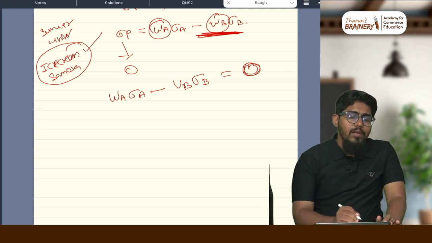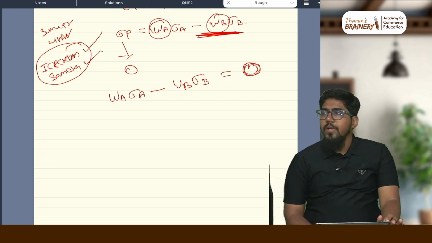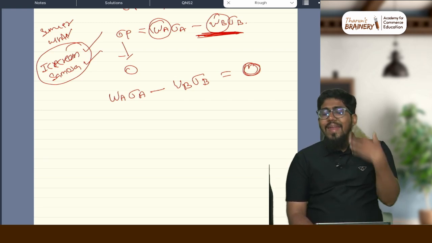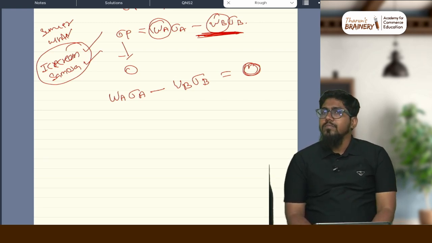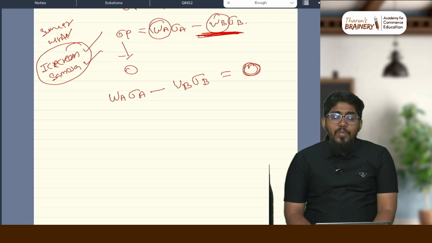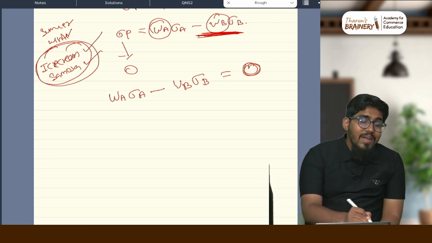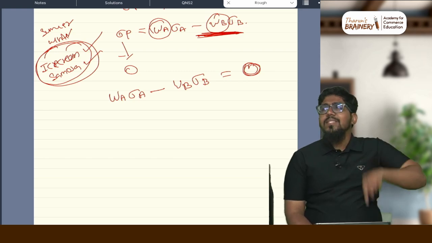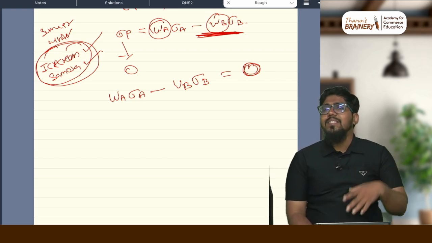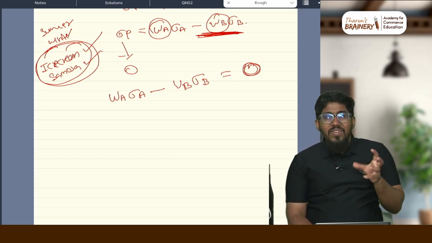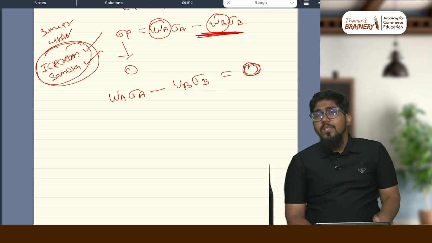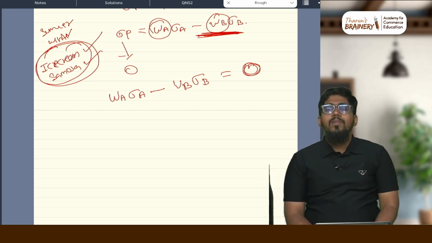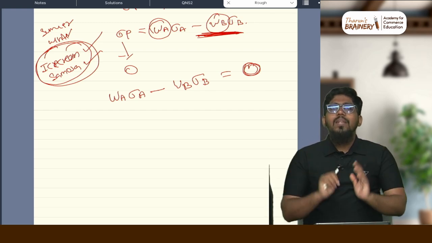If it is winter, my samosa shop will run. Correct? So at any time something will run, my risk is 0. Why is my risk 0? Because ice cream and samosa are negatively correlated. If ice cream runs, samosa will not run. If samosa runs, ice cream will not run. Understanding? So I am just giving you a small example. The same way you can apply it to securities also. There are some securities which are negatively correlated.